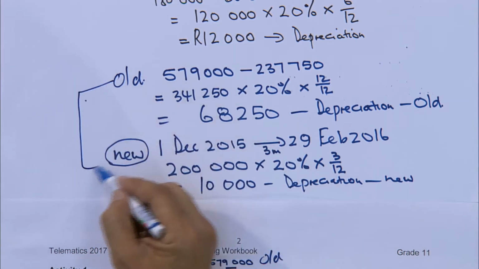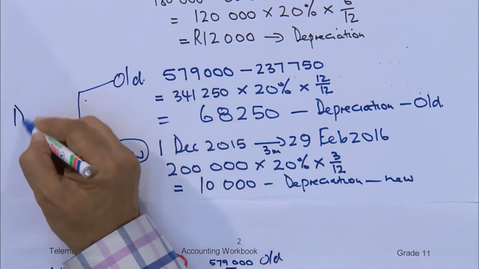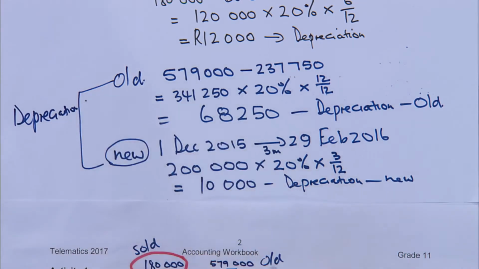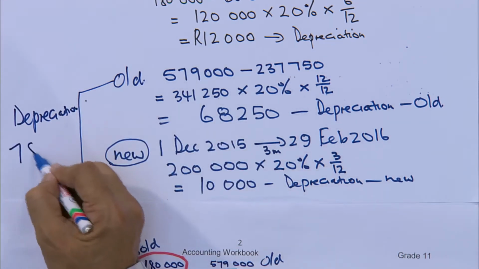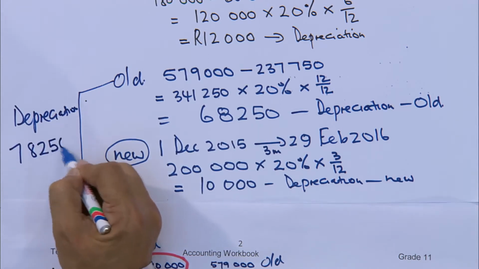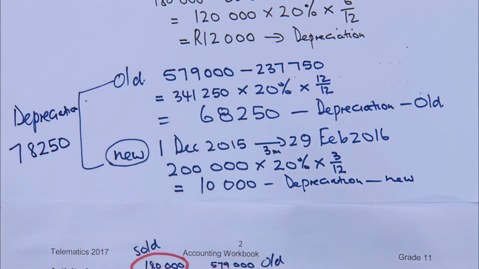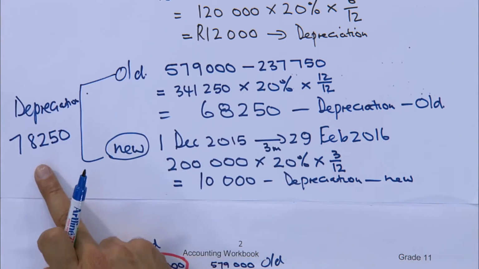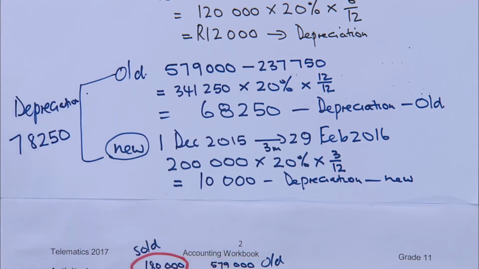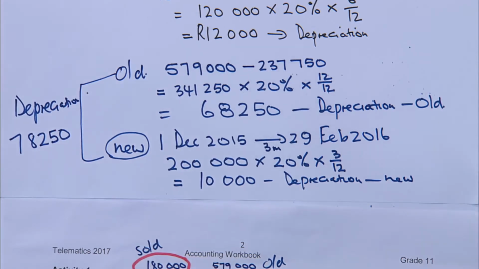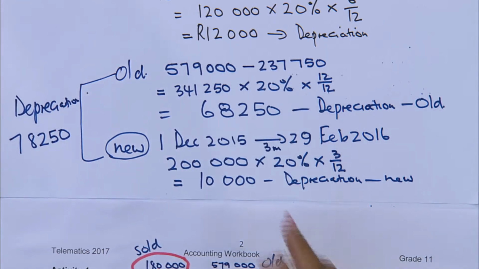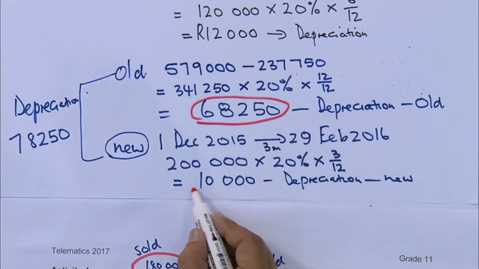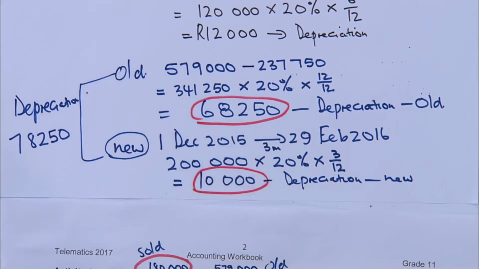So these two will be one entry. It will be one entry for depreciation at the end of the year, and it's going to be 78,250. Okay, so the old and the new will be one entry for depreciation, 78,250, and the 78,250 is made up of the 68,250 and the 10,000.